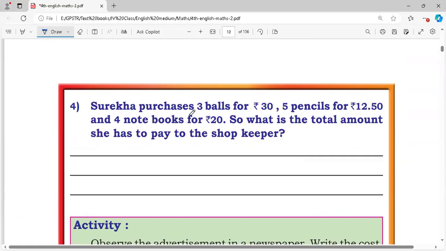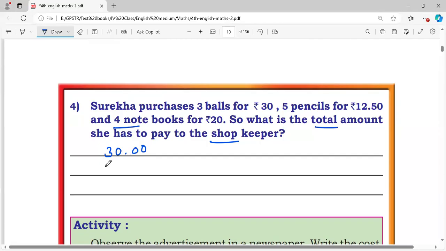Fourth one, Surekha purchases 3 balls for 30 rupees, 5 pencils for 12 rupees 50 paise, and 4 notebooks for 20 rupees. So, what is the total amount she has to pay to the shopkeeper? She purchased 3 balls for 30 rupees 0 paise.